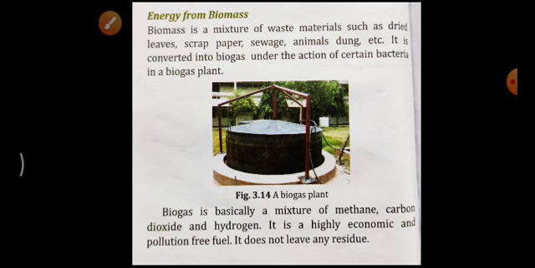It is converted into biogas under the action of certain bacteria in a biogas plant. You can see that in figure 3.14. Inside the biogas plant, all the biomass is mixed together. After some days, gases are generated inside the biogas plant, and that gas is capable of burning also.